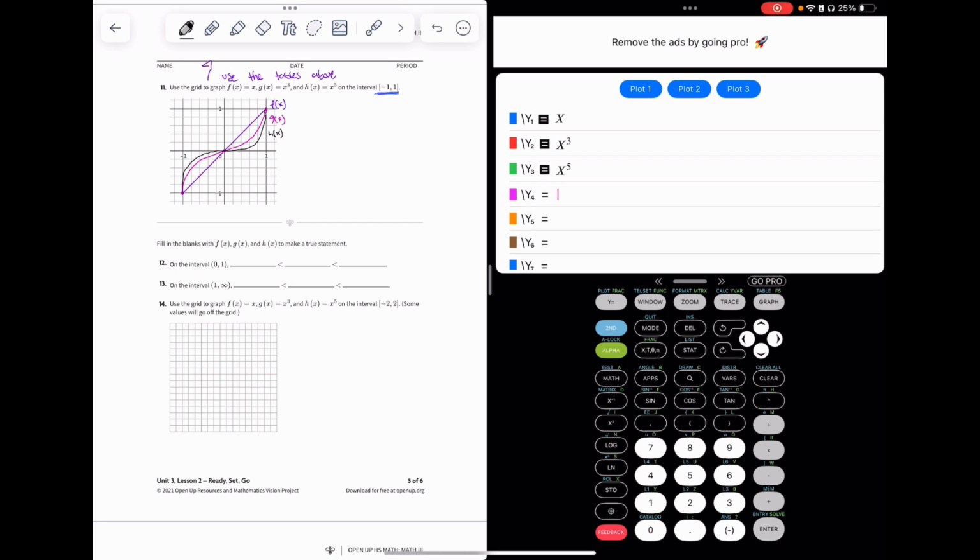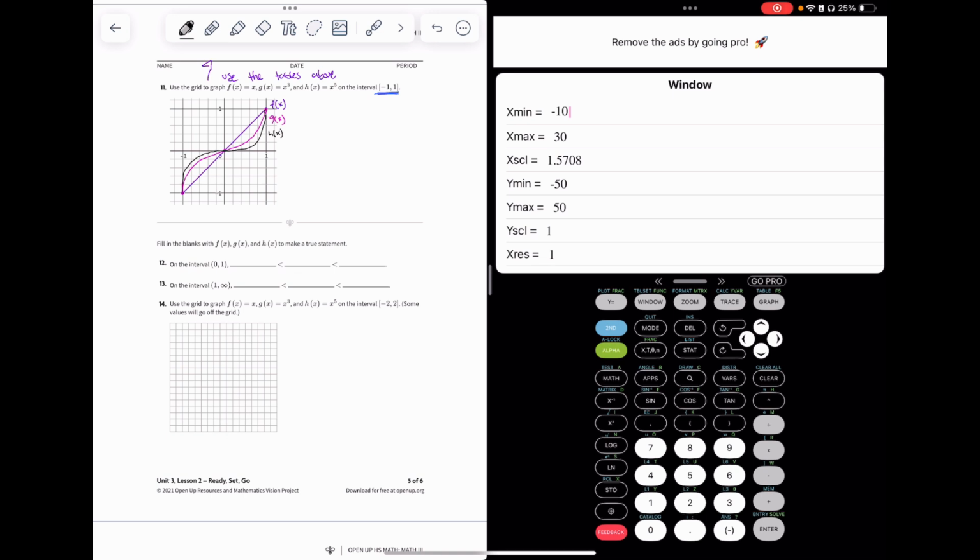And I'm going to go to my window and change this to a minimum of negative 1.25 and a maximum of 1.25.